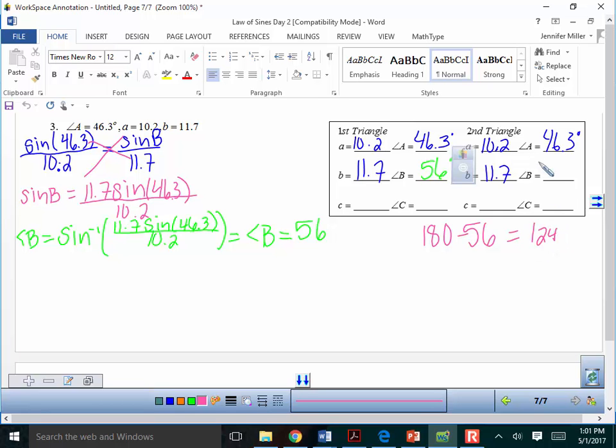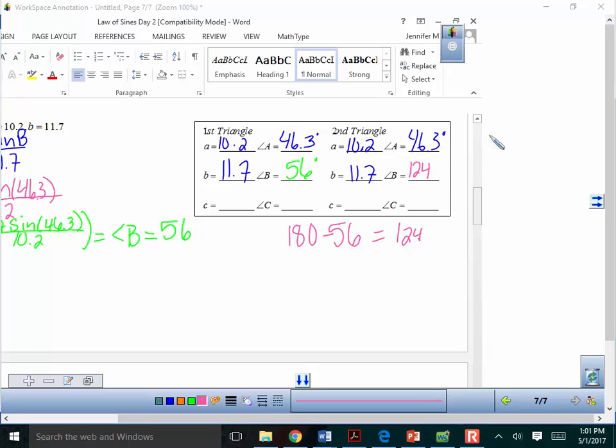Good. Now, what is 46.3 plus 124? 170.3. So the sum of these two angles is 170.3. Is that less than 180? Yes, ma'am. Then we're good.